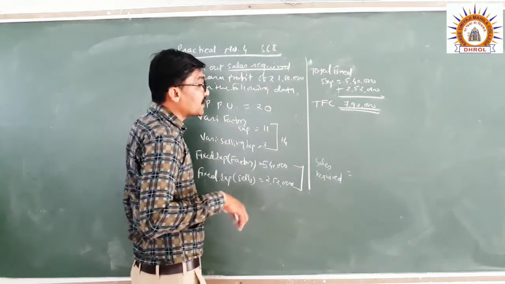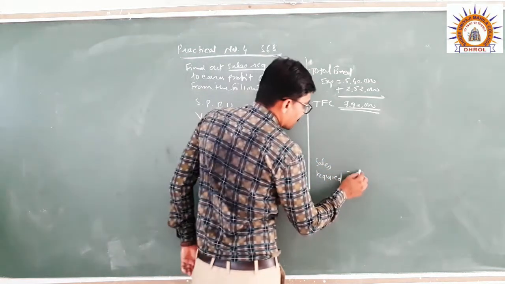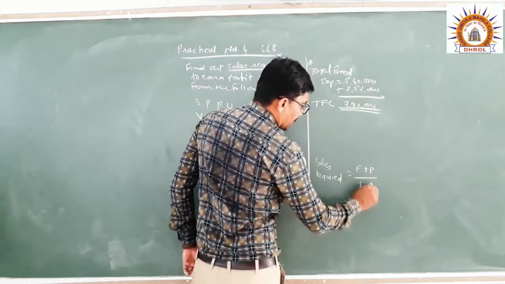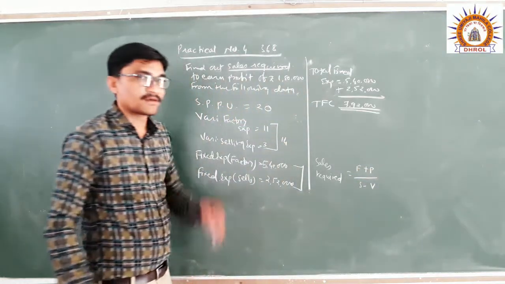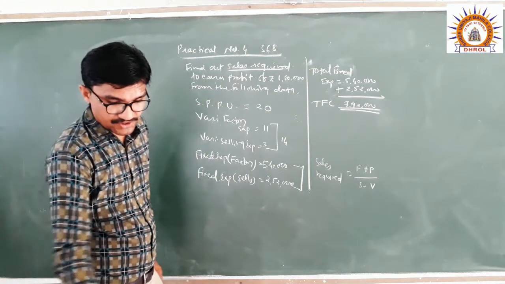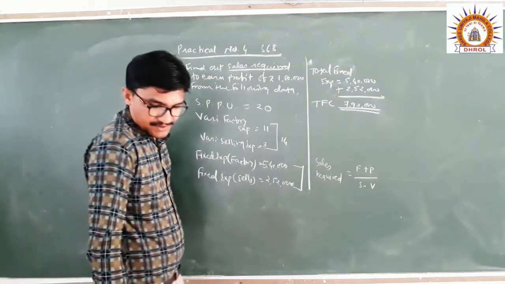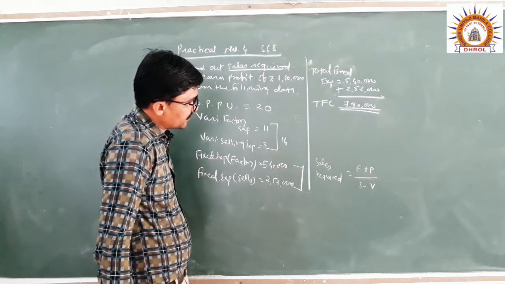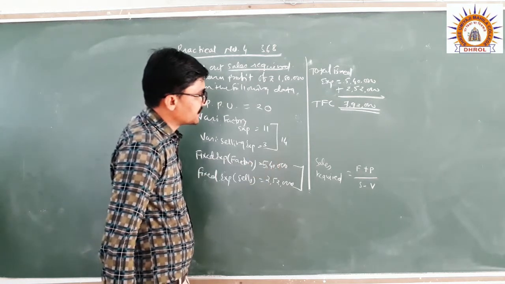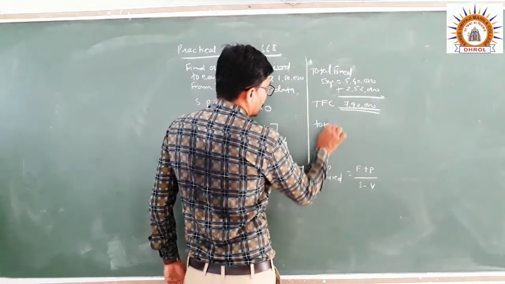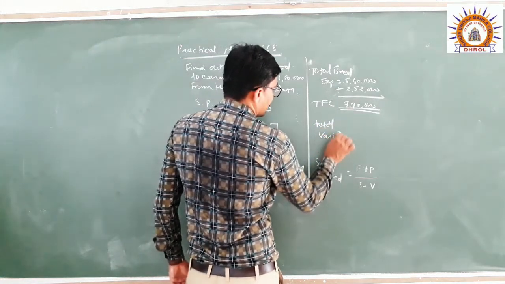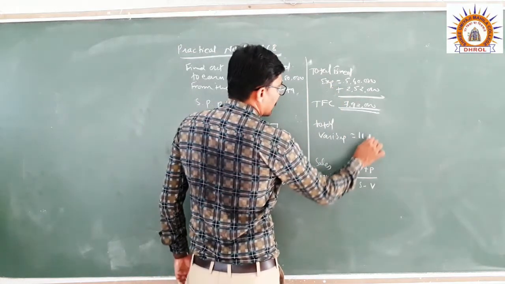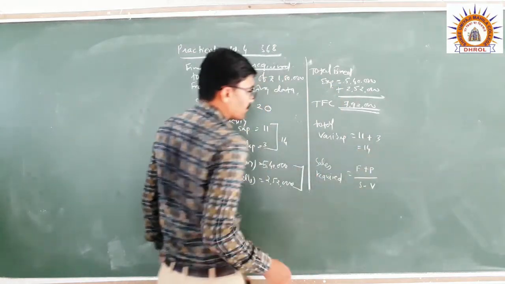So which formula can we use here? Very simple: F plus P upon S minus V, with the help of the profit. So total variable cost we can get as 14 rupees, which is 11 plus 3, so total 14.